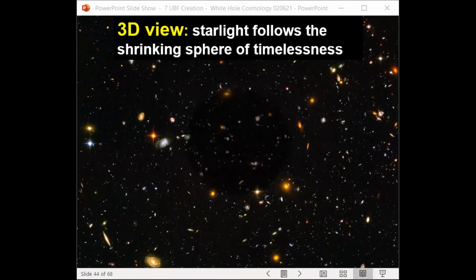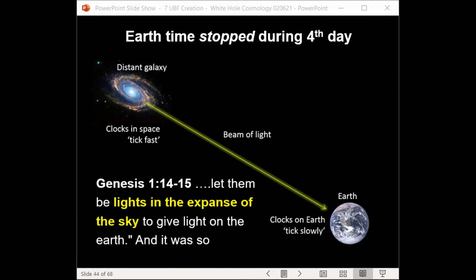And on Earth, it is still only the fourth day, because on Earth, time stopped. So imagine that I am an observer, you're an observer. The observer on the night side of the Earth would have seen a black sky, one instant, because that's before God created all these galaxies, sun and moon.